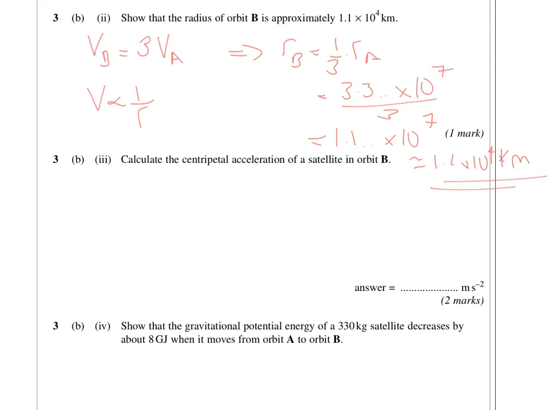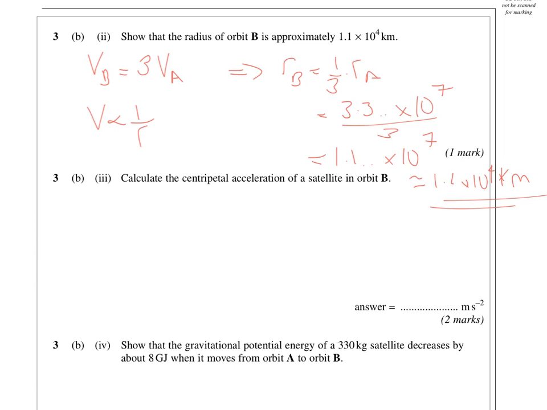Calculate the centripetal acceleration of a satellite in orbit at B. Okay, so essentially we want to know what the field strength is, which is going to be GM over RB squared.